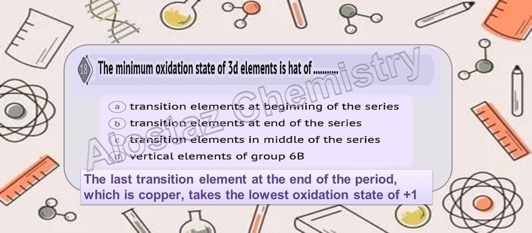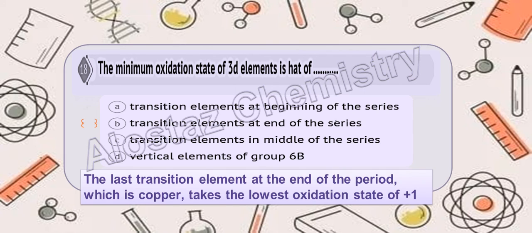We have the last transition element at the end of the period, where copper takes the lowest oxidation state, which will be +1. Copper is more stable with oxidation state +1. Sometimes it takes +2, but +1 is the most stable and most common for copper, as it is a metal that is less active and resists corrosion.